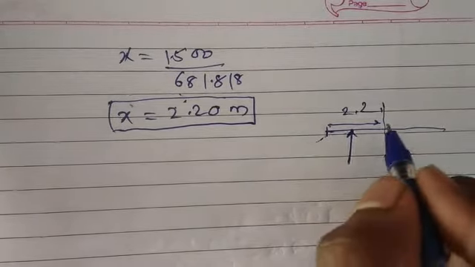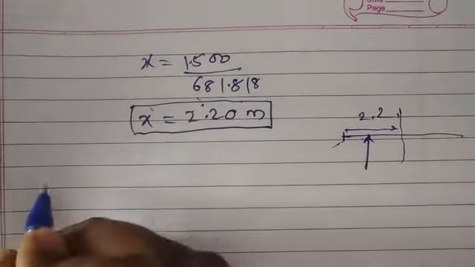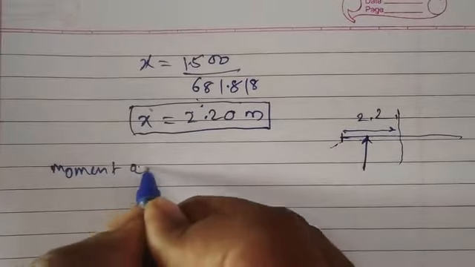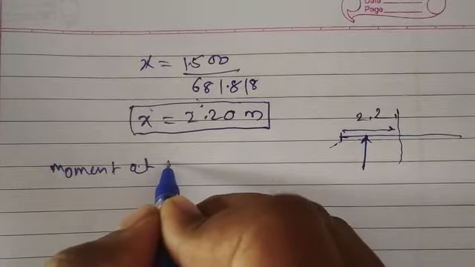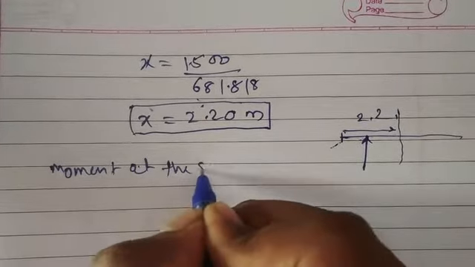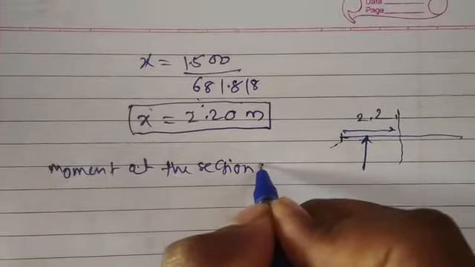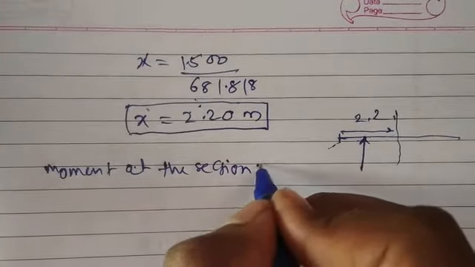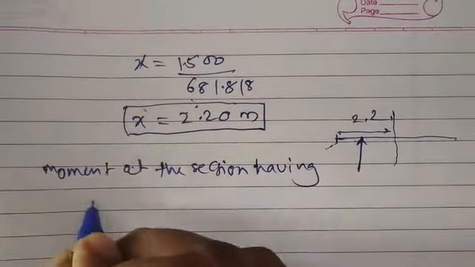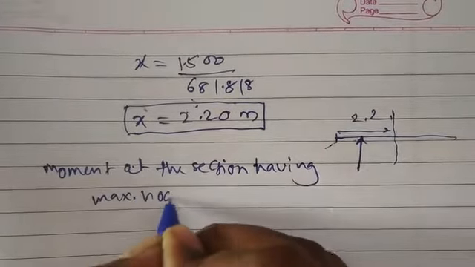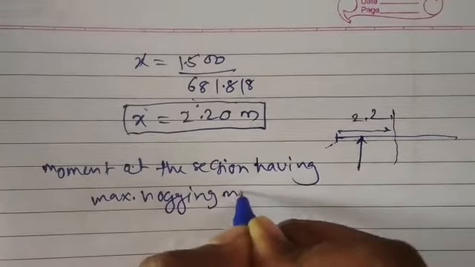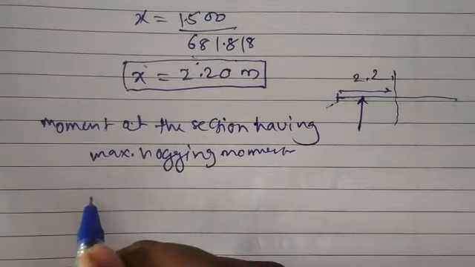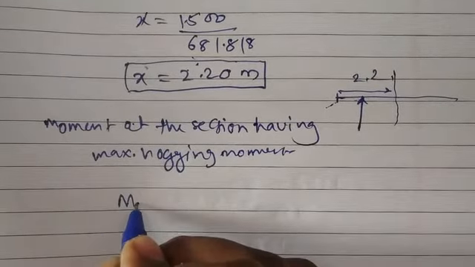So we'll take moment at the section having maximum hogging moment. So to calculate the moment, we'll write the formula first.